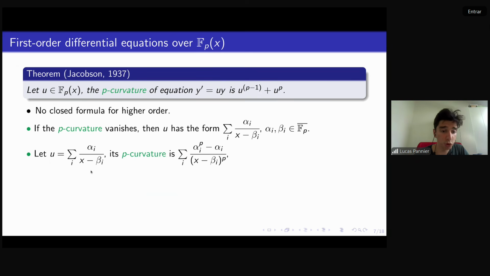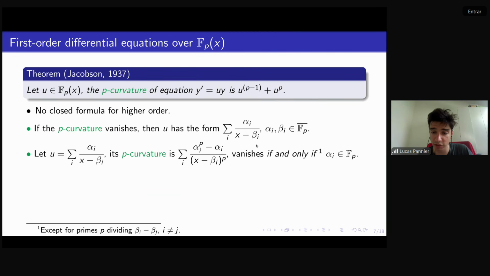And conversely, if you have this shape, then we can compute its p-curvature, and we see that it has this expression. So it is a sum of p-curvatures of alpha over x minus beta. And we know that this expression vanishes if and only if each of its terms vanishes. That is, if each alpha i to the p is equal to alpha i, and this condition means that alpha i is in Fp.